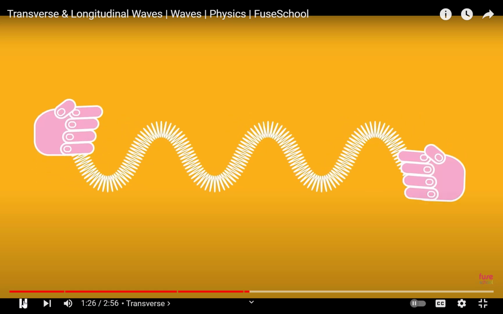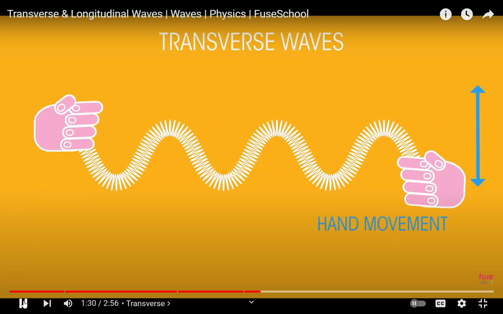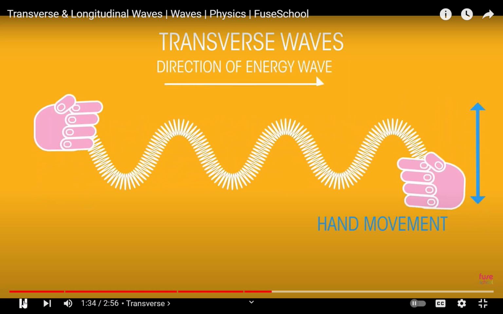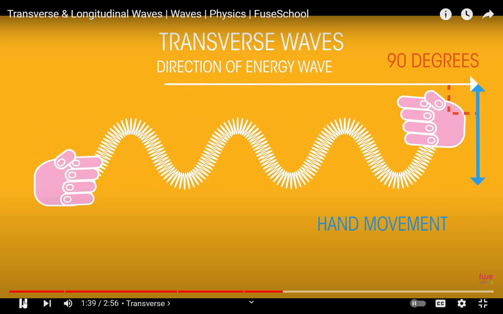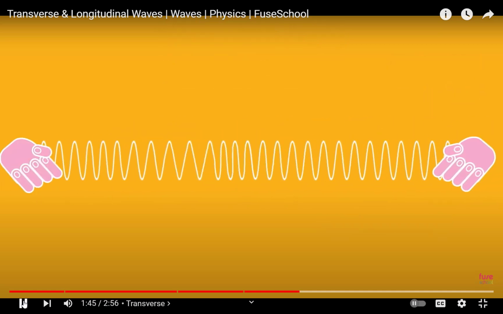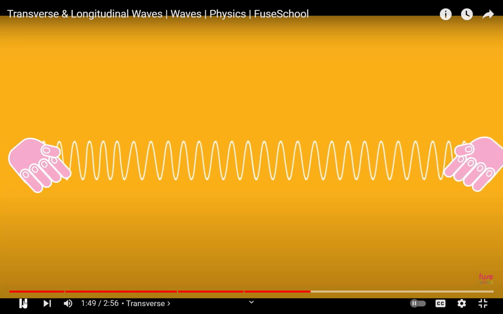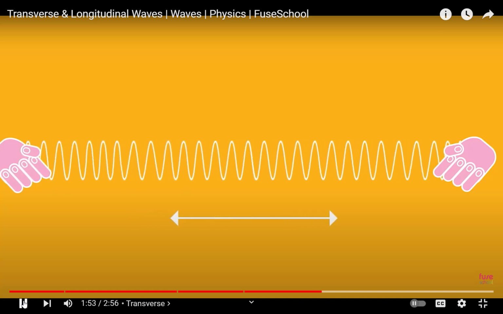Let's look at another type of wave, transverse waves. The hand moves up and down, as does the slinky, but the wave itself moves from left to right. So the particles vibrate at 90 degrees to the direction that the energy is moving. We can simply think of it as, in longitudinal waves, the hand pulses horizontally, pushing and pulling, and the wave energy also moves horizontally, back and forward.